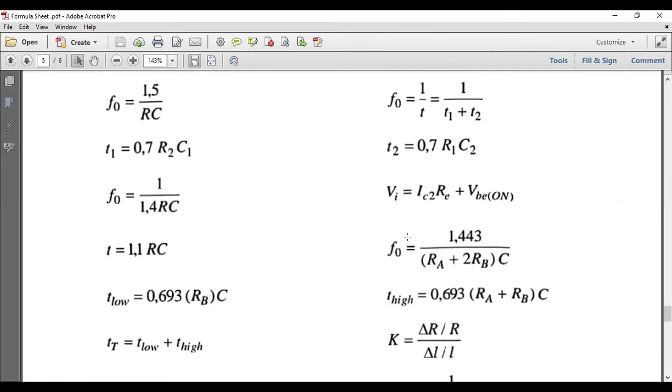All right. So our oscillating frequency can be calculated from this formula, 1.443 over Ra plus 2 Rb times C, which is the capacitance value, which is C1. So we can use that. We are given the values there of Ra, Rb, and also the value of the capacitor.